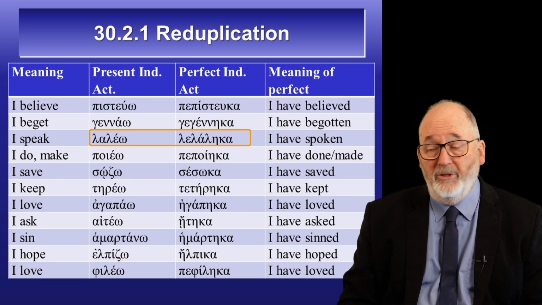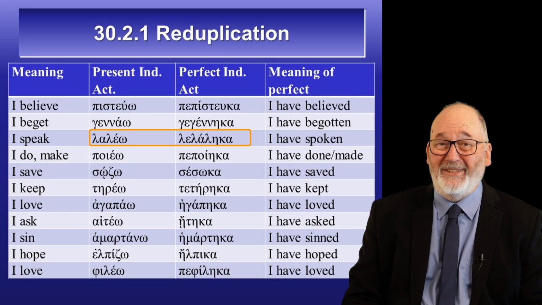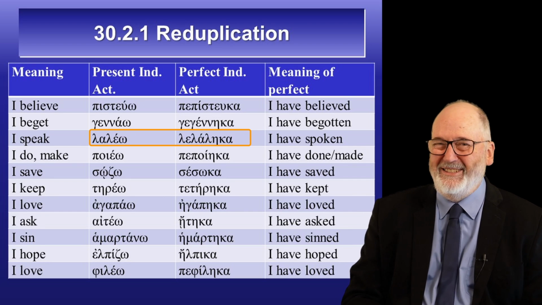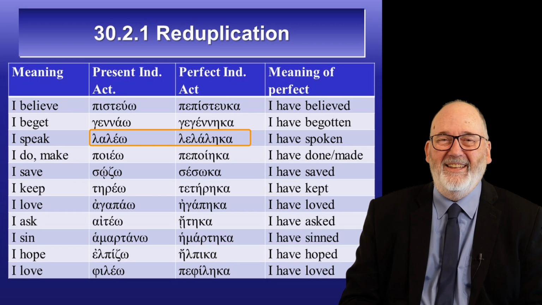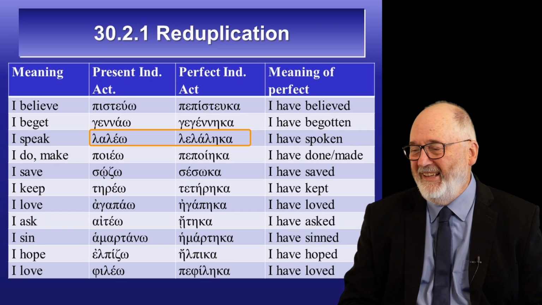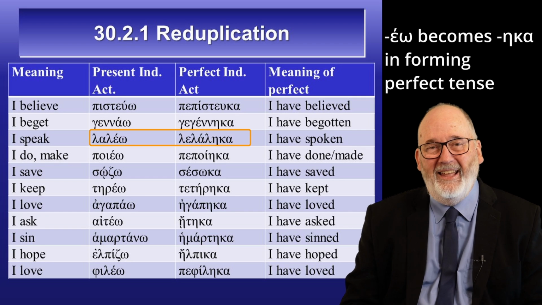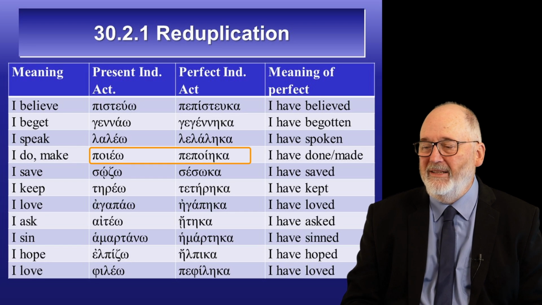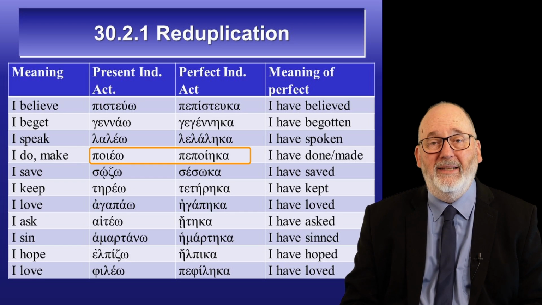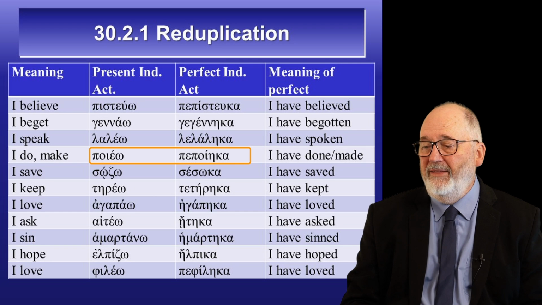And with the eō verb, laleō, we have the perfect tense. Now let me be careful here, there's too many lambdas. Lelalēka. Okay, getting the accent right. Lelalēka. And again, the eō becomes ēka. Poieō, pepoiēka. So the l of laleō becomes lel, and the p of poieō becomes pep.